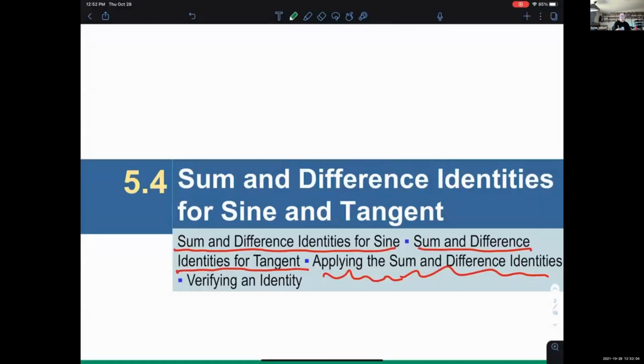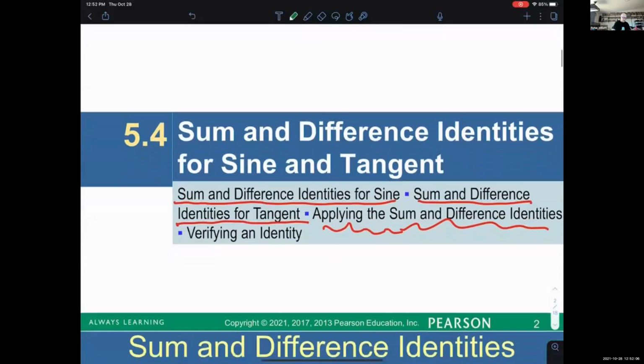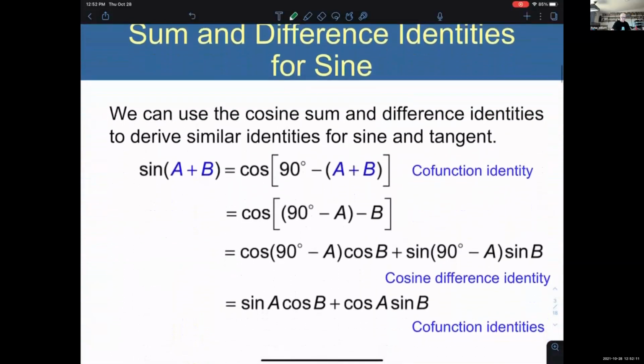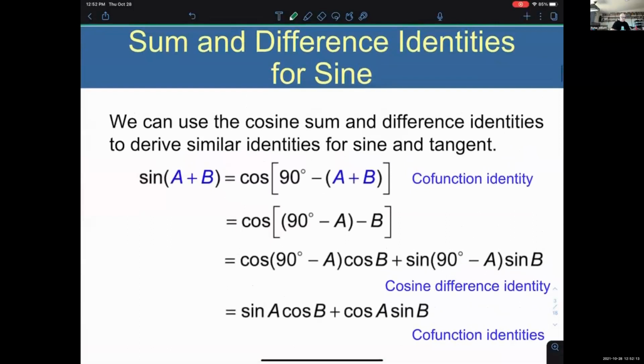Obviously, the formula for sine will be a little different than the formula for cosine, but actually they look very similar. So let's take a look here. It says we can use the cosine sum and difference identity to derive similar identities for sine and tangent. So instead of trying to justify these from scratch like they did for cosine, we can now lean on the cosine one instead, because as we've learned before with the cofunction identities, we can convert sine to cosine and vice versa.